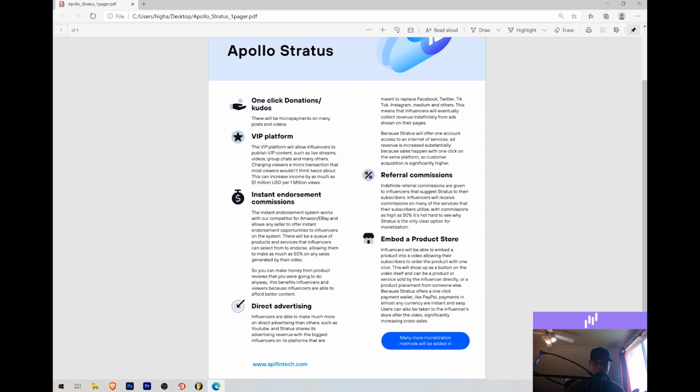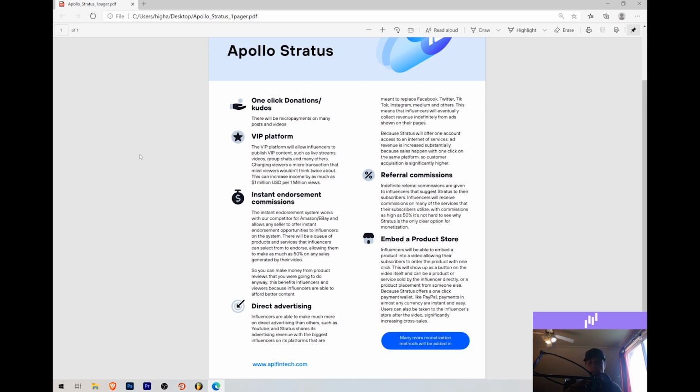The things that excite me the most are these next few kind of sections here, like the VIP platform, which would allow an area for influencers to create VIP content, video, group chats, and charge their viewers in micropayments that most viewers wouldn't even think about, but it could totally increase your income by a significant amount.